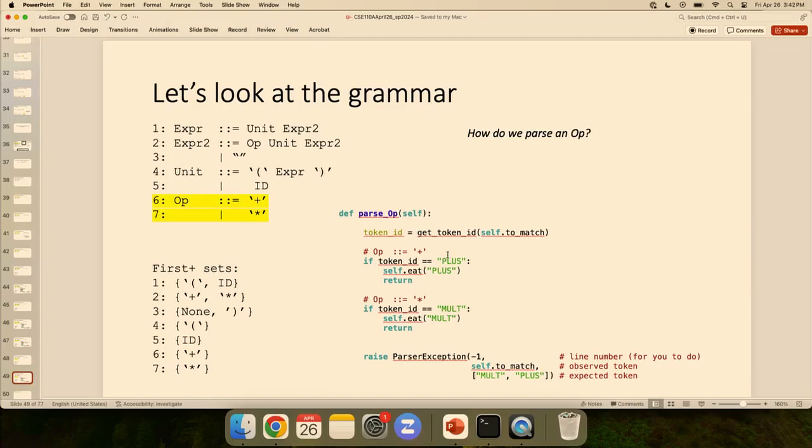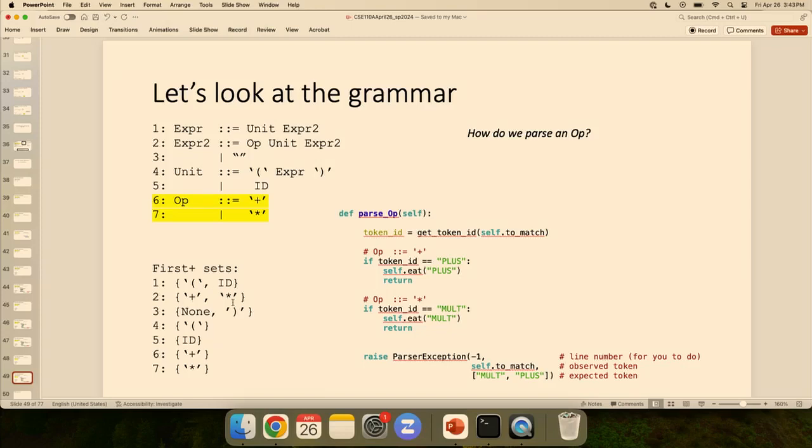And now what we've done is, because we have the first plus sets, that took some staring at our grammars and doing a bit of analysis. We removed left recursion, but we have implemented a parser in not that many lines of code by basically translating what we have here into English and doing a couple of conditional statements on the next symbol that we're looking to match.